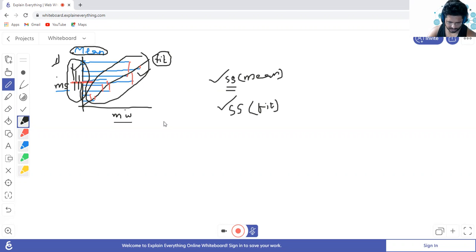Okay, and R square is given by a formula. Before going to the R square formula, this is just the sum of squares. Now, if I have to find the variance, what is the variance?